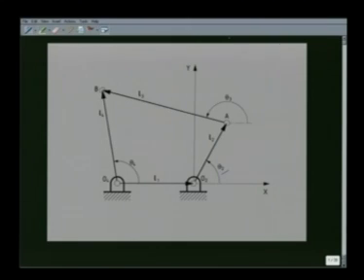To do this, first we set up a Cartesian coordinate system xy with O2 as the origin. The first task, as I said, is to identify a closed loop, namely O2, A, B, O4, O2. Then the link lengths L1, L2, L3, L4 are represented by four vectors, namely L1, L2, L3 and L4.